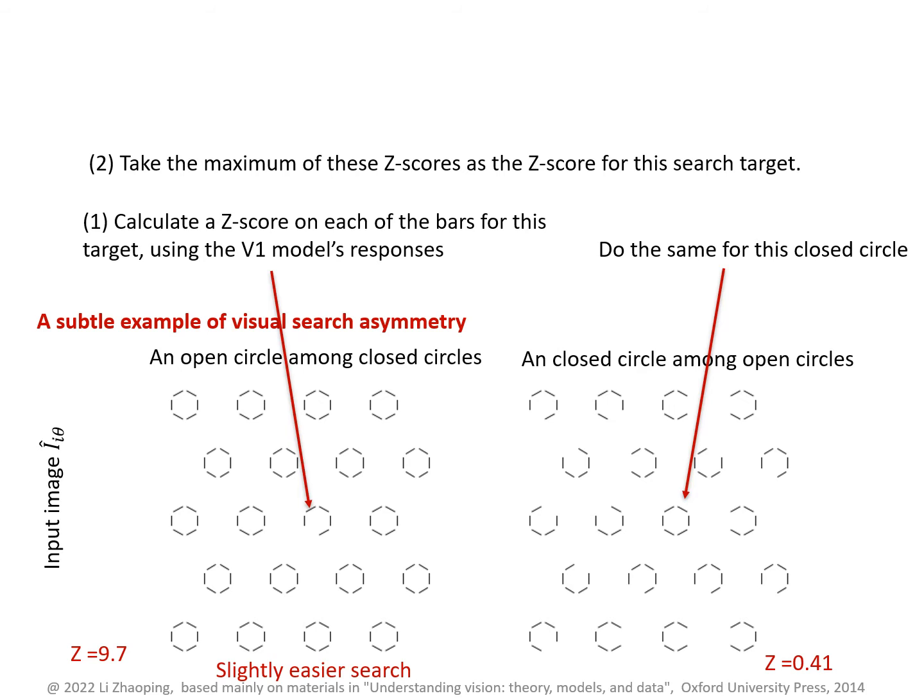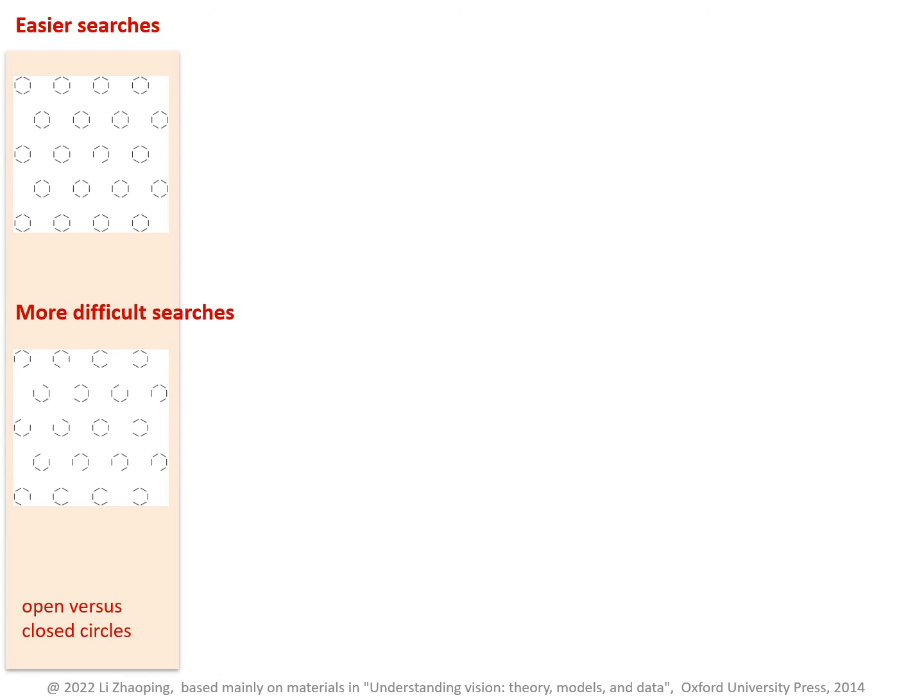Now, given a subtle behavioral difference between these two search images, the higher z-score of 9.7 suggests that the V1 model is quantitatively quite inaccurate. However, the qualitative order between these two z-scores agrees with the observation that the search is easier for the left image. This agreement is not achieved by tuning the model parameters.